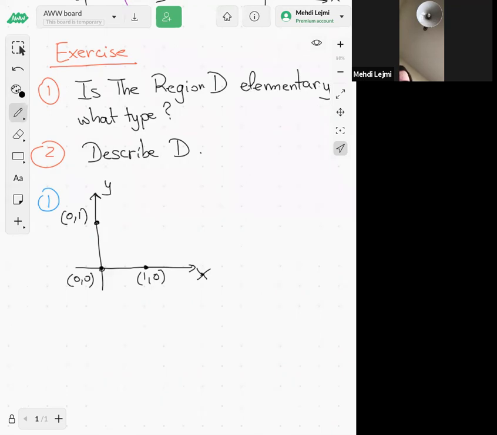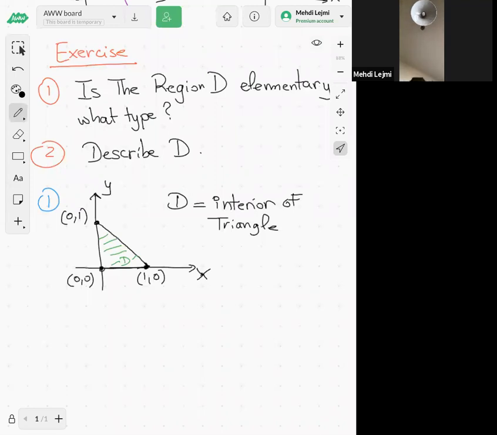And so we have here a triangle, a right triangle, right? So our region D is this one here, the interior of this triangle, right? So D in this case is the interior of a triangle.